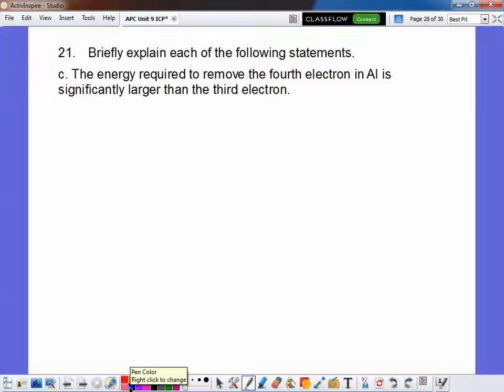The energy required to remove the fourth electron in aluminum is significantly larger than the third electron. Why?